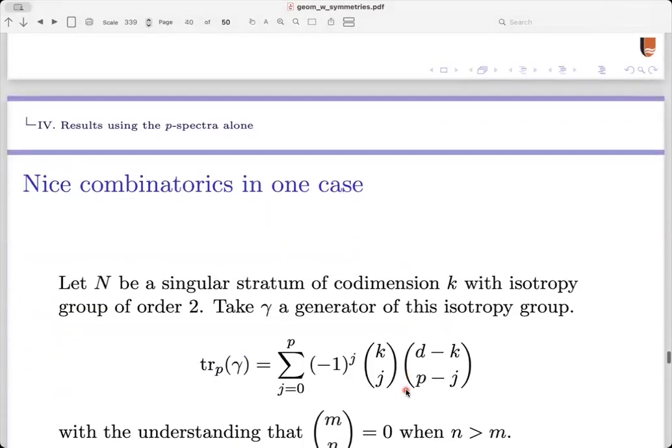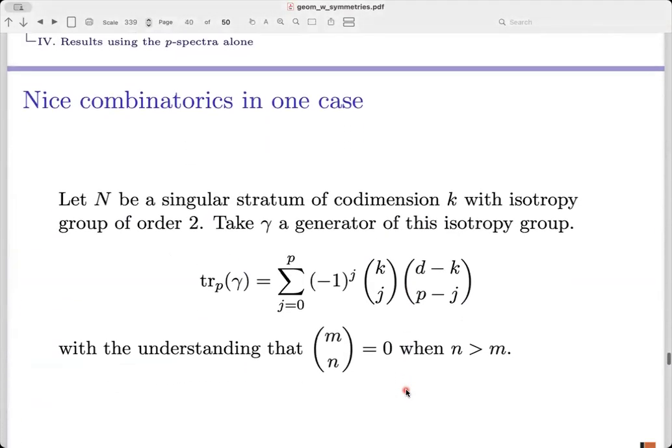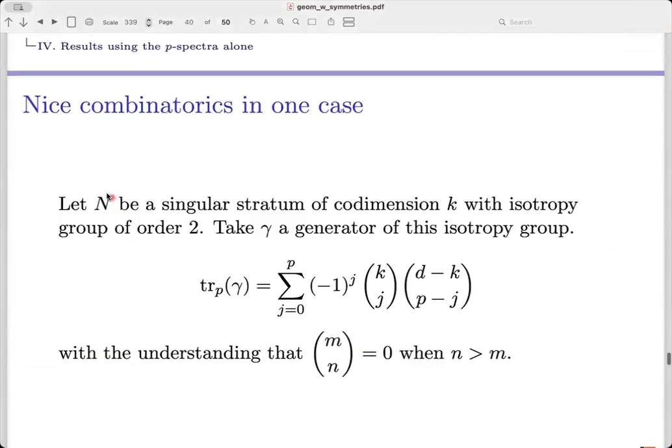We're going to sneak into one case only, which looks simple, but is really wonderful. We'll take a singular stratum of codimension k and require it to have isotropy of order 2. So a really simple isotropy group, just order 2. Take gamma the generator of the isotropy group. Then when you sit down and compute this p trace, you'll find it has this form right here.